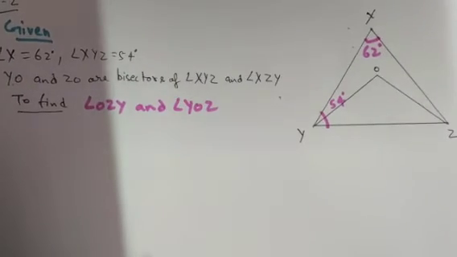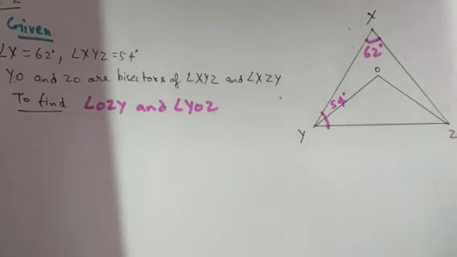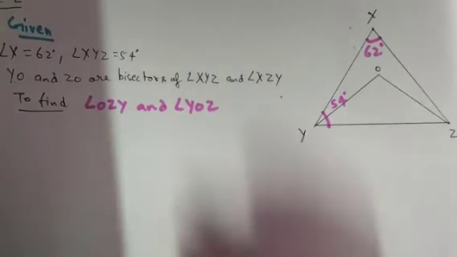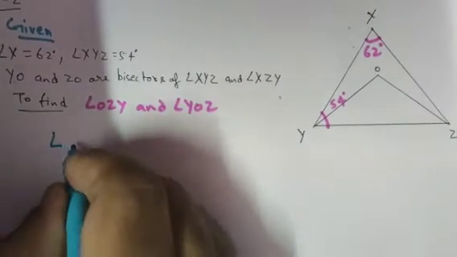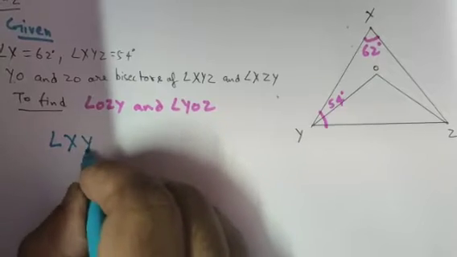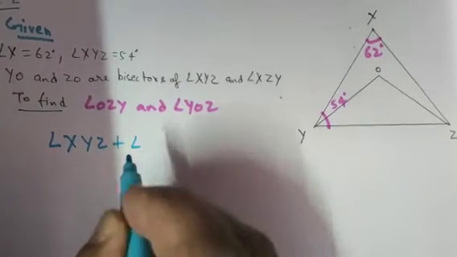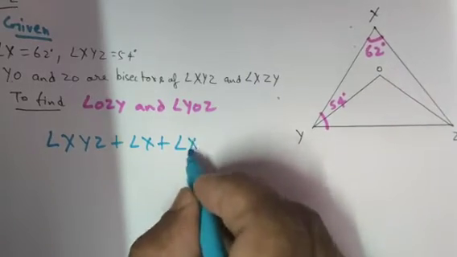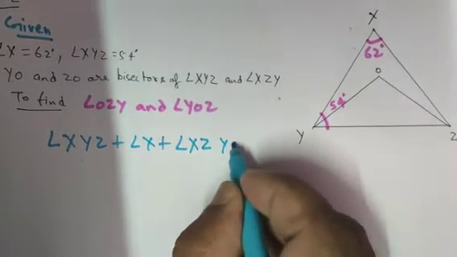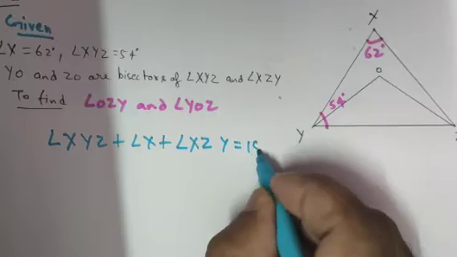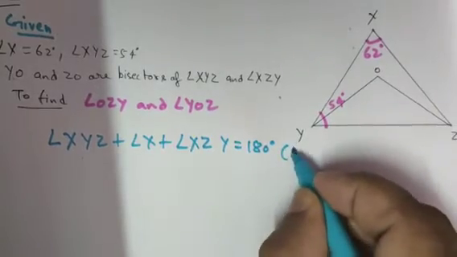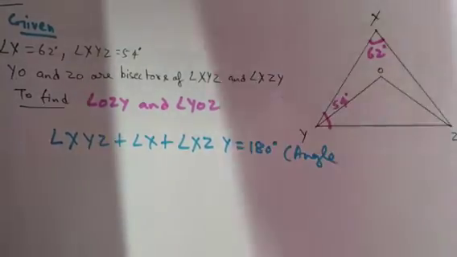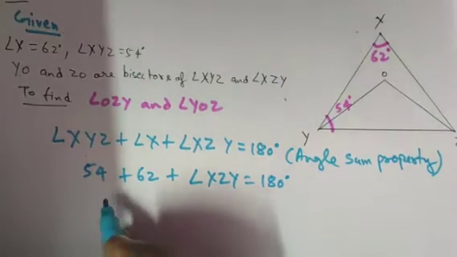So for this, first of all we will calculate the angle XZY by angle sum property. Angle XYZ plus angle X plus angle XZY equals 180 degrees by angle sum property of triangle. Now we will substitute the values.